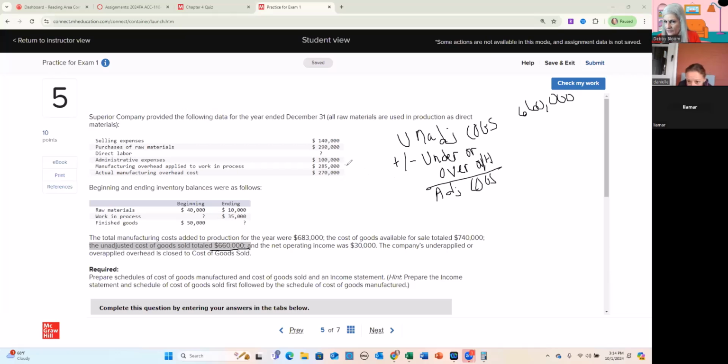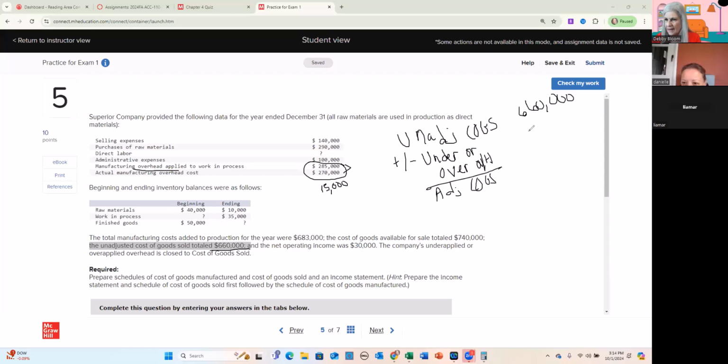Then I have my information right over here. So my manufacturing overhead applied to work in process is 285,000. The actual is 270,000. So we have a $15,000 difference between those two numbers.